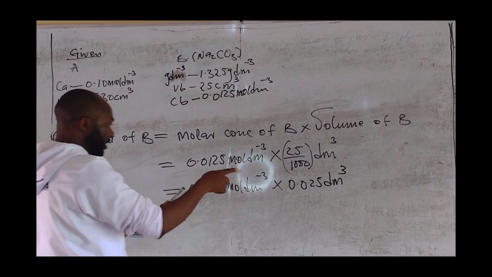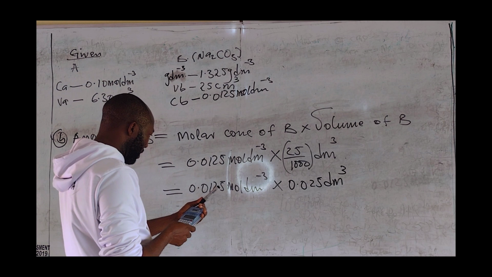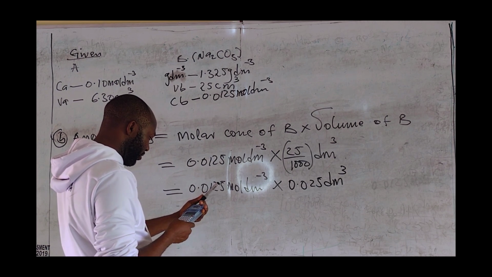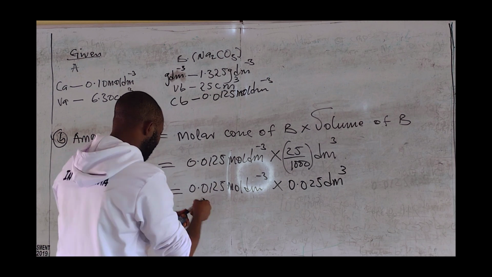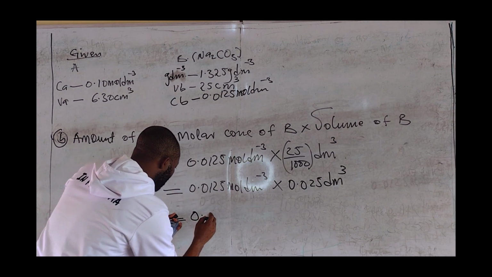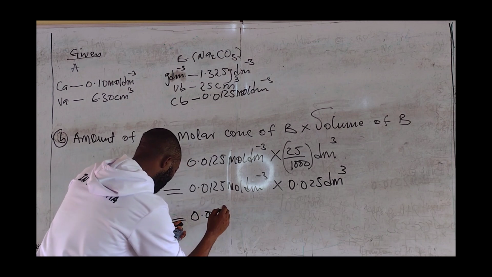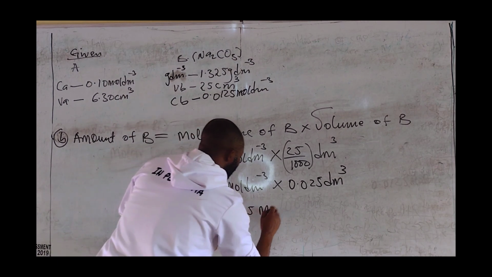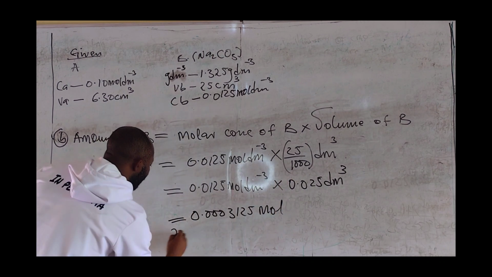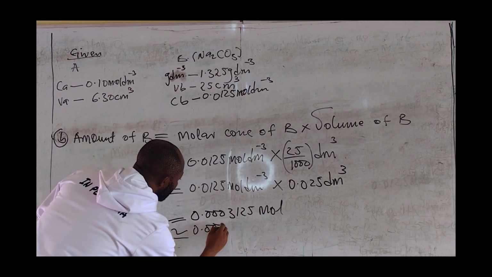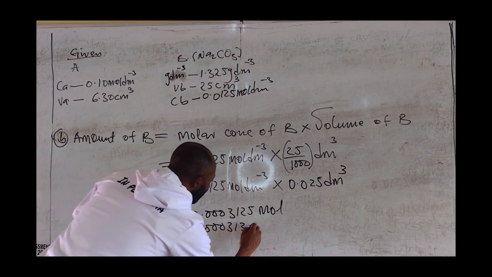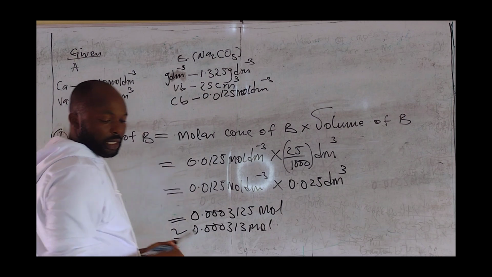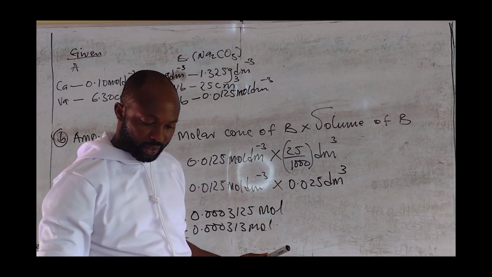So our answer now is 0.0125 times 0.025, which equals 0.0003125 mole. In three significant figures, that is 0.000313 mole. So now we've taken care of our B.